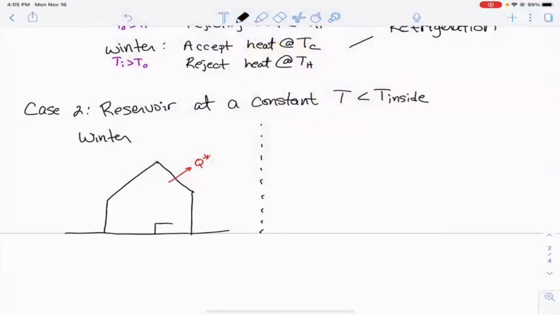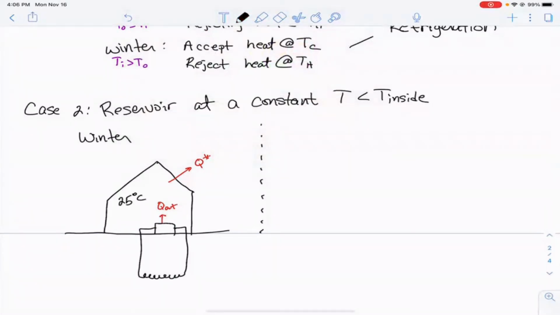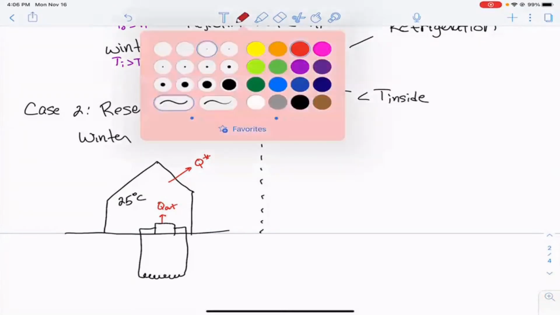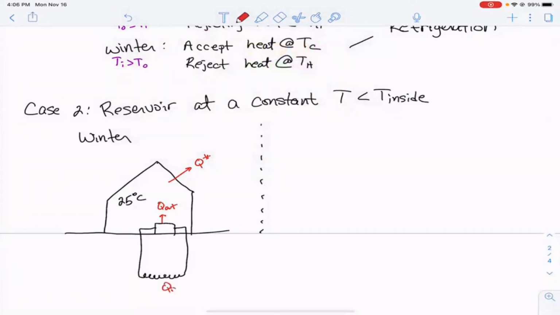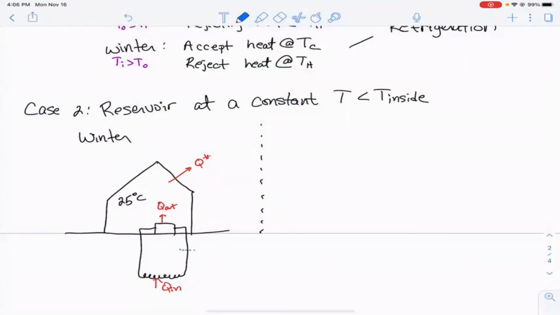If we have our unit here connected to the ground, what we need to be able to do is have heat that is rejected at the higher temperature, which in our problem is 25 degrees C, and we're going to take in heat at the colder temperature. And then, of course, we don't draw them explicitly in the process, but we have the other 2 steps in the Carnot process where we would actually do work as well.